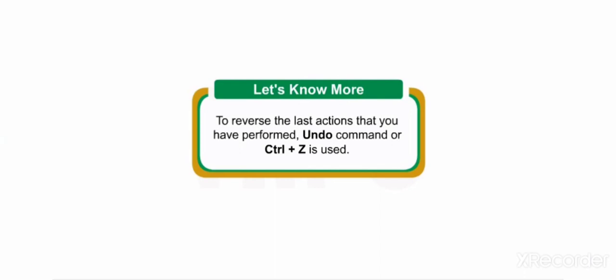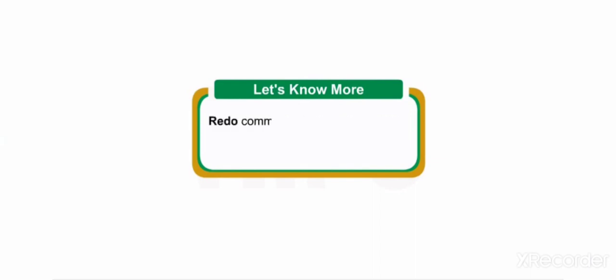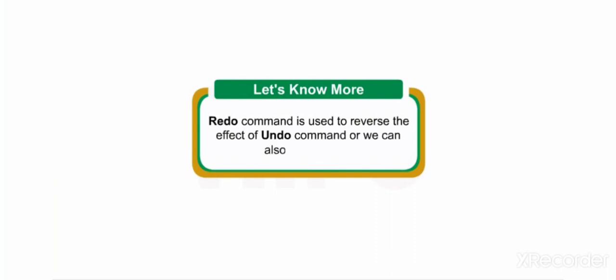And if by mistake you use the undo command, then you can use the redo command. The redo command is used to reverse the effect of the undo command, or we can also use Ctrl plus Y. This is the shortcut key for the redo command. If we make an undo by mistake, then we can reverse its effect using the redo command, and the shortcut key of the redo command is Ctrl plus Y, which we can press from the keyboard.